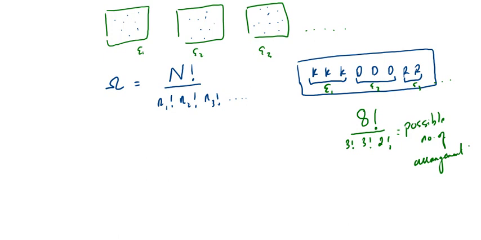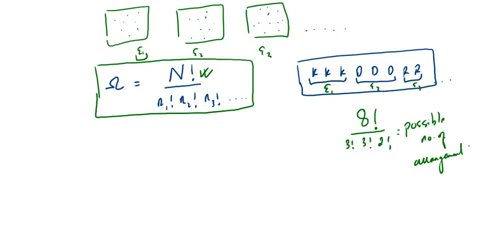Because there are n particles, and because these compartments have the same energy, all of the particles in this have the same energy, so it is divided by n1 factorial, and similarly n2 factorial and n3 factorial, and so on. So this is what our microstate is, okay? These are the possible microstates in the system that we are considering here.